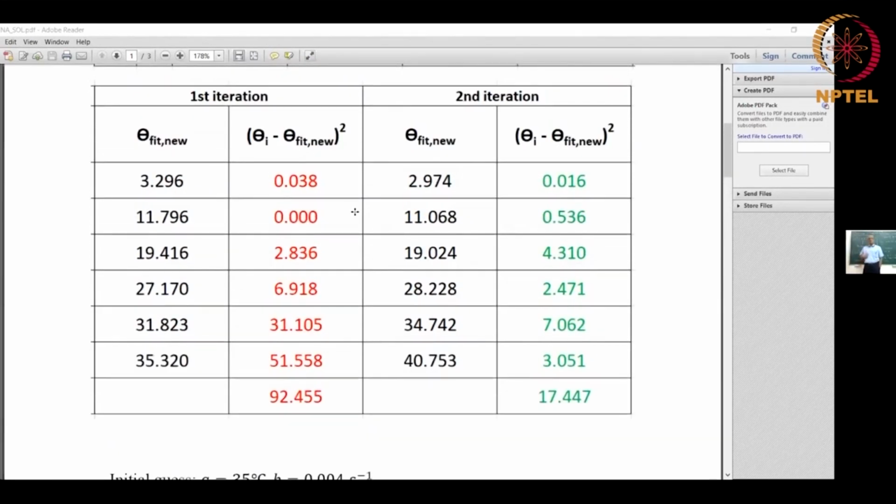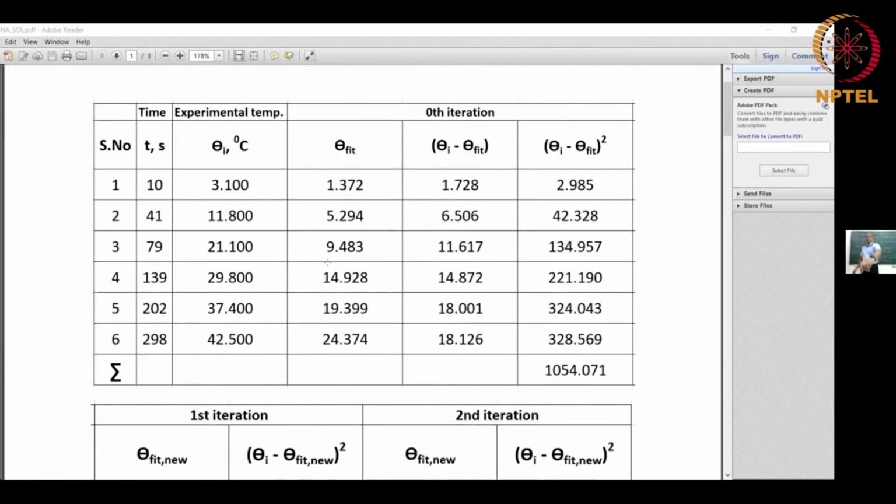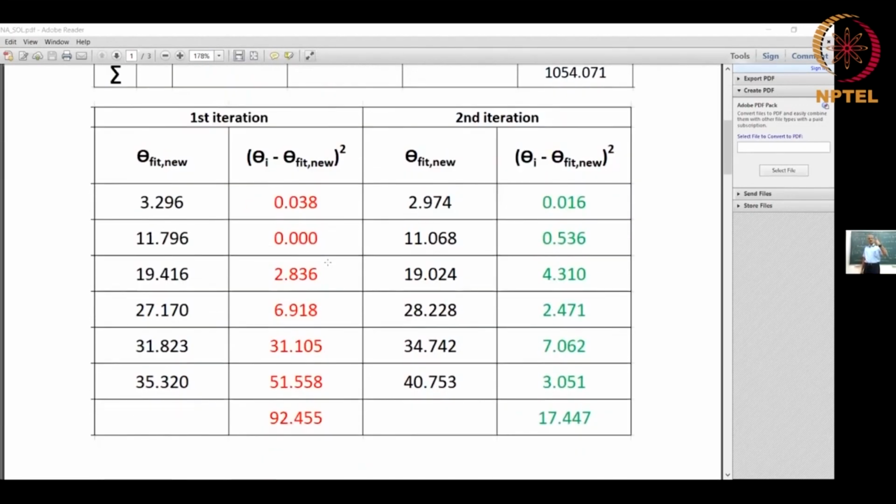The errors have come down. Compare the red with the green: the red is the previous iterate. The first iterate gives 92.455, and the second iteration gives 17.4, which is very good. There's a sharp reduction. So please note that the error of 1054.071 became 92 in one iteration, and in the second iteration it became 17. Very good. Now, Suraj, show your MATLAB code.